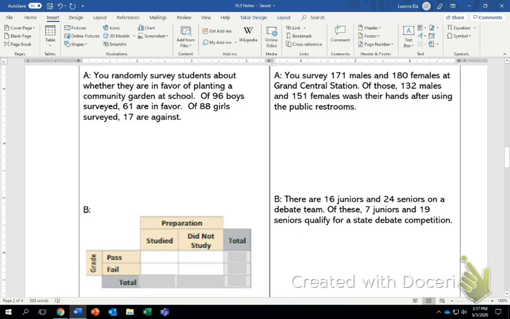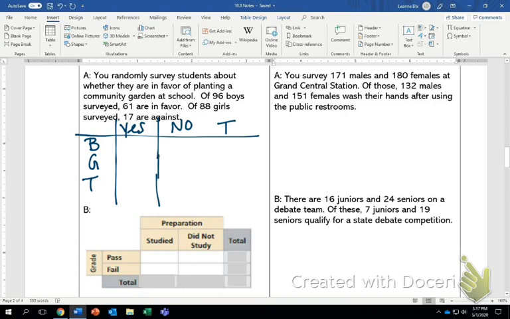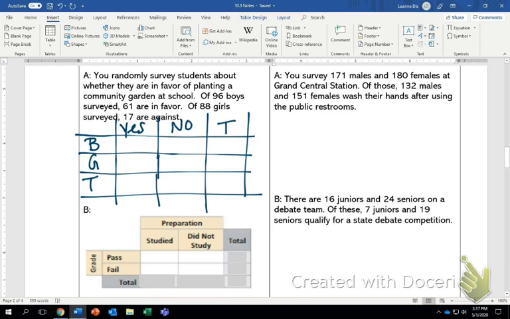You can look on page 1 to see what we already did, and we are going to go ahead and do our boys, girls, total, our yes, our no's, and our totals. Just going to copy all this down really fast. Okay? And now that we have that, we can go ahead and figure out our probability.